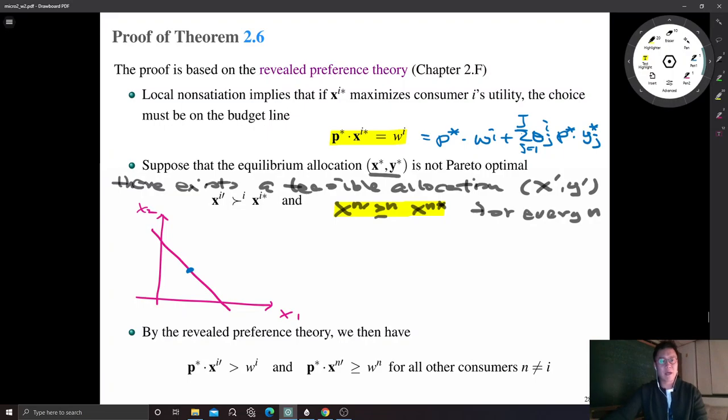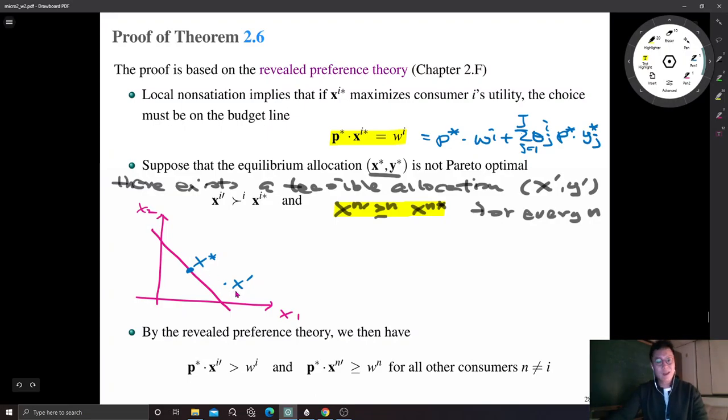Once again, by the local non-satiation assumption, the optimal bundle should be on this budget line, right? So the consumer chooses this bundle X star instead of X prime. But nevertheless, consumer i strictly prefers X prime to X star.